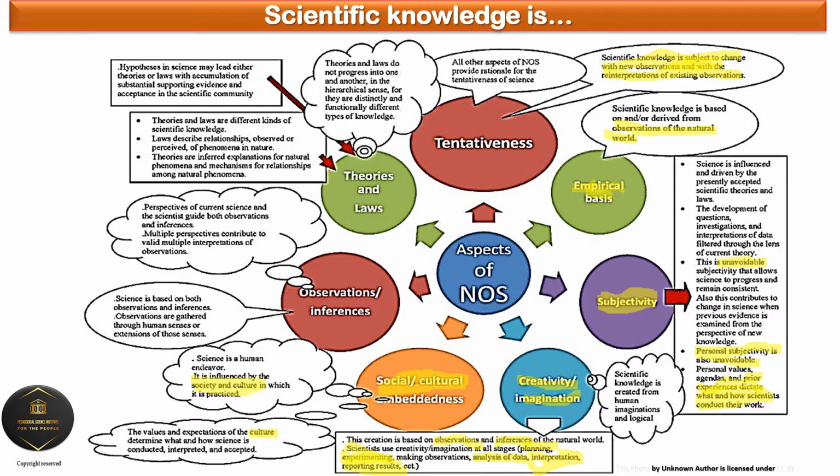And you must know that a law is designed to describe relationships of observed phenomena in nature, while theories are inferred explanations of natural phenomena. So they basically measure the relationship among stuff.